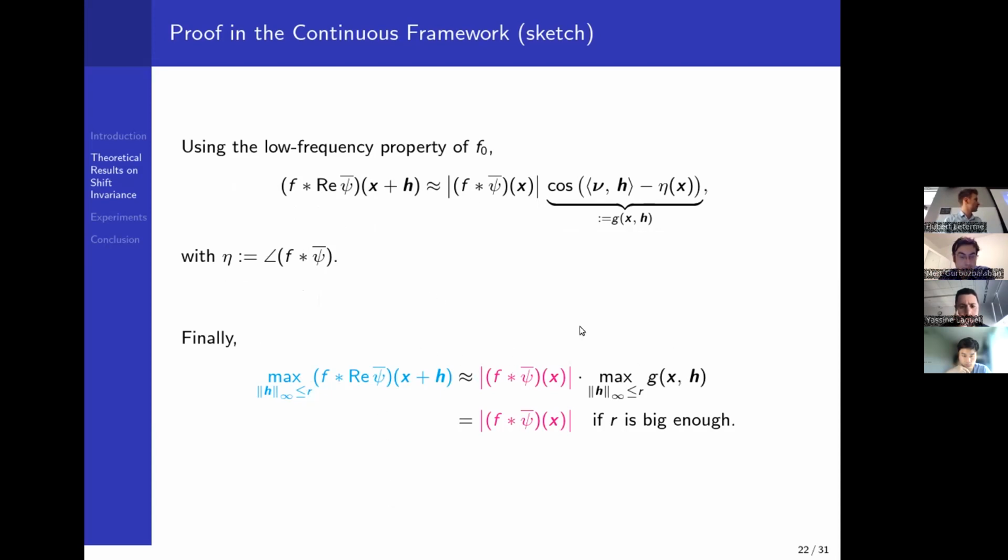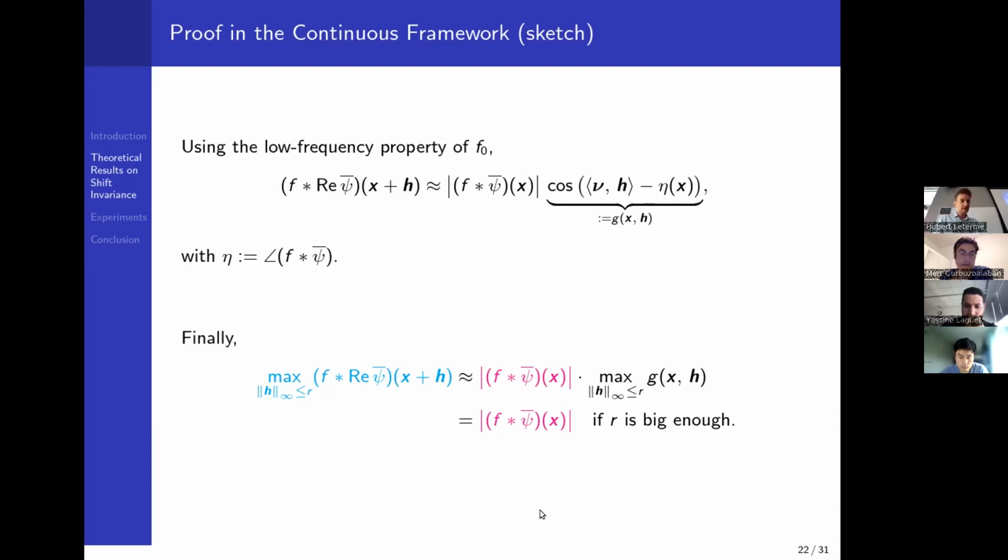And then we get this approximation. And if the window size is big enough, we can see that since G is a periodic function, the maximum value over the window is equal to 1. And then we get our result. We get that the output of the max pooling operator is approximately equal to the output of the modulus operator. So then we get our result in the continuous framework.